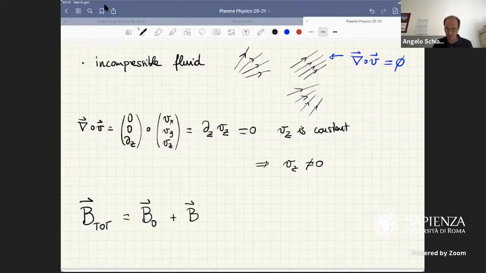This will be a function of Z only, as we said, since we are looking for transverse waves, and of time. So we have that B naught is going to be the externally applied field.